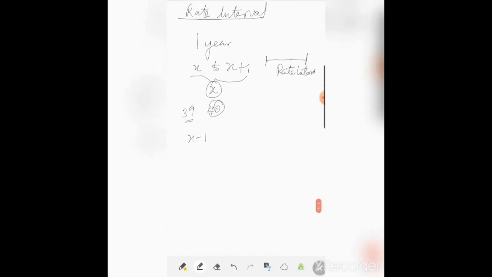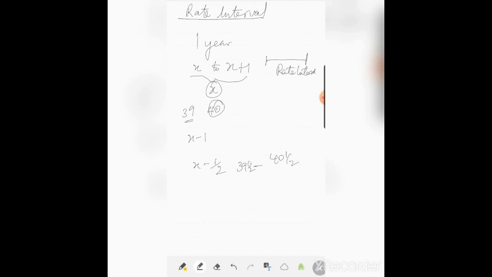right? And similarly, if I'm talking about age x nearest birthday, then the rate interval becomes x minus a half, because if I'm saying this age is 40, then his age could be between 39 and a half to 40 and a half.